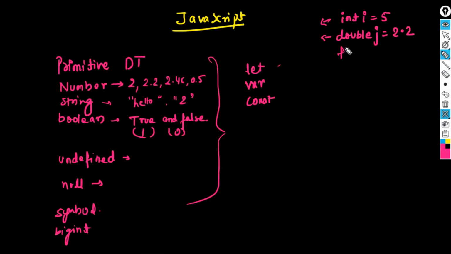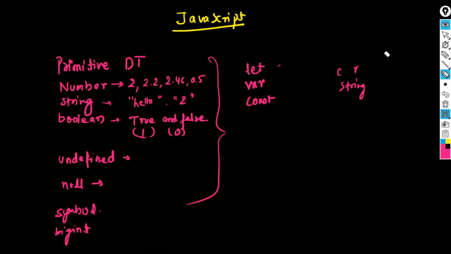Then we have float, char, and string. So many things. But in JavaScript, to represent these data types, we have only three variables: let, var, and const.